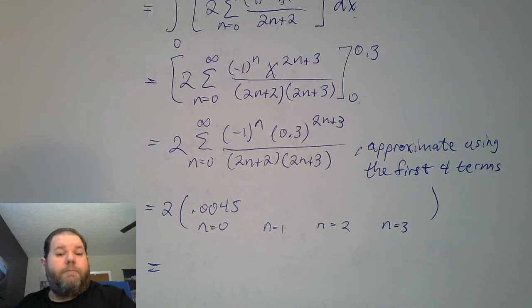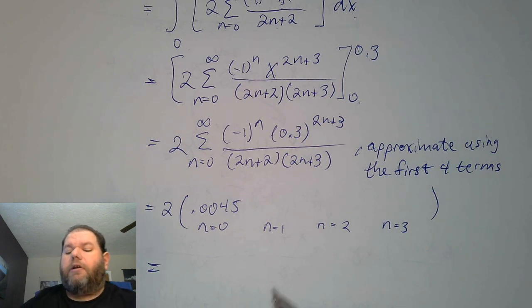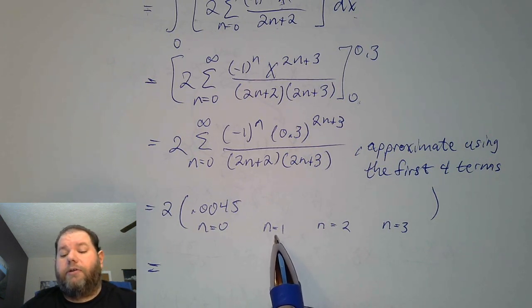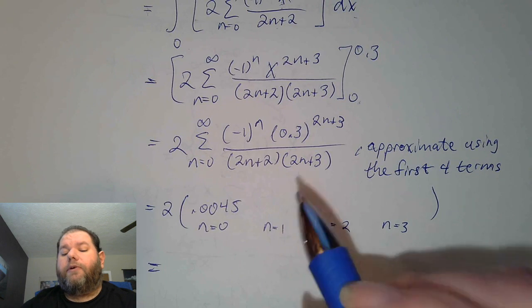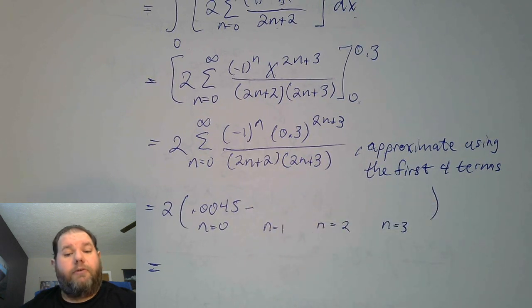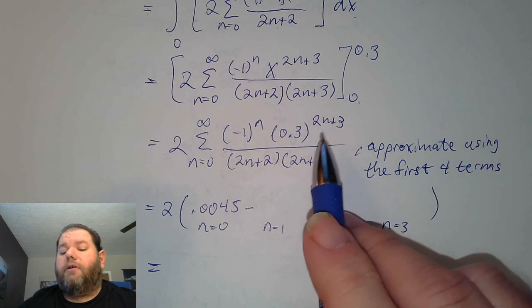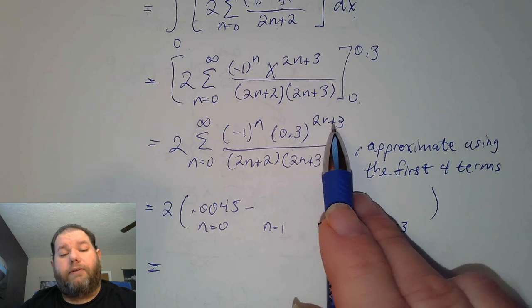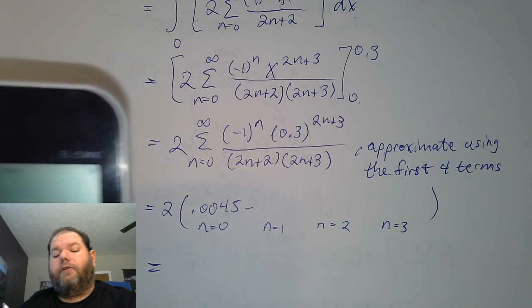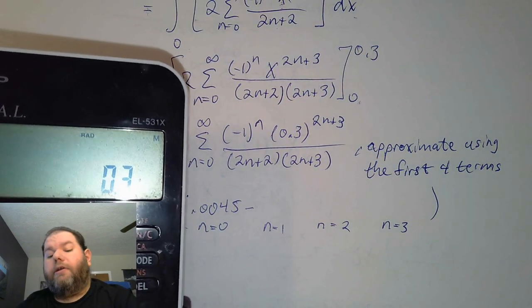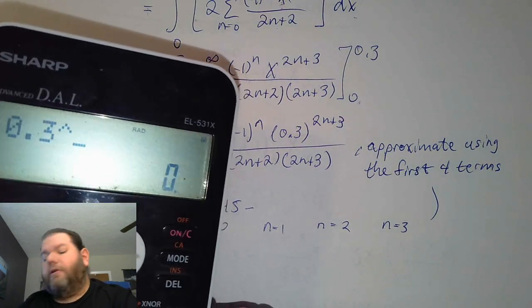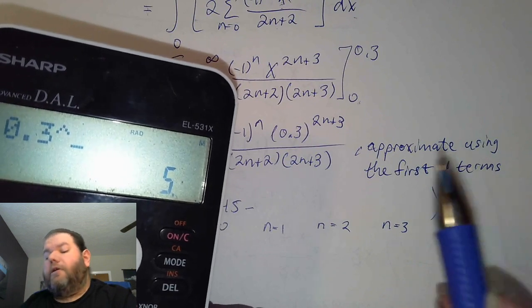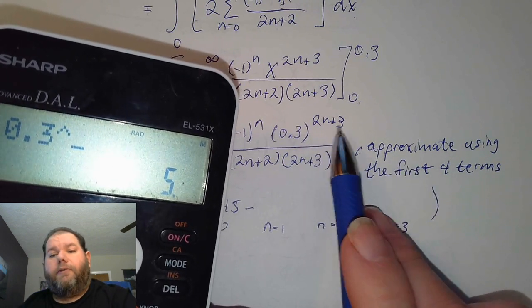Okay, and now we just repeat this for the rest of it from there. The next term is n equals 1. Negative 1 to the 1 is negative 1, so we know it's going to be a negative. 0.3 is raised to the 2 times 1 plus 3, so that'll be 0.3 raised to the fifth. 2 times 1 is 2, plus 3 is 5.